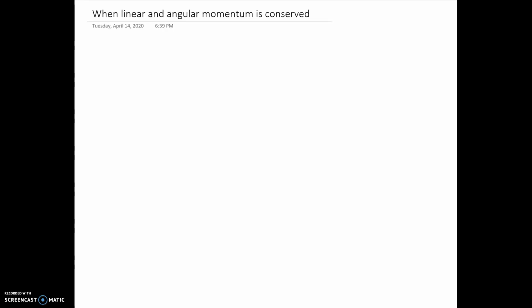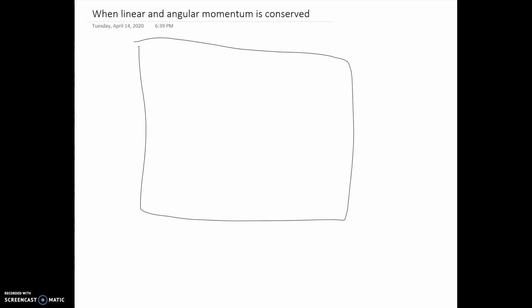I'm going to go back to that example to look at when linear and angular momentum are both conserved. Let's look at this table from above again. We talked about what would happen if a block ran into another block a little bit off center. This block would start to spin this way, so it would get some kind of angular momentum, with a radius of the block.